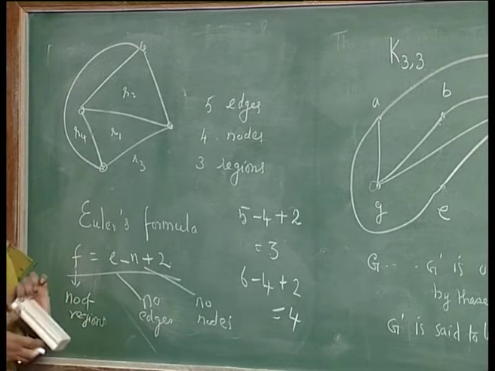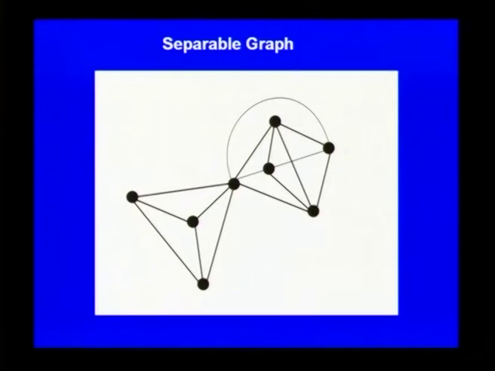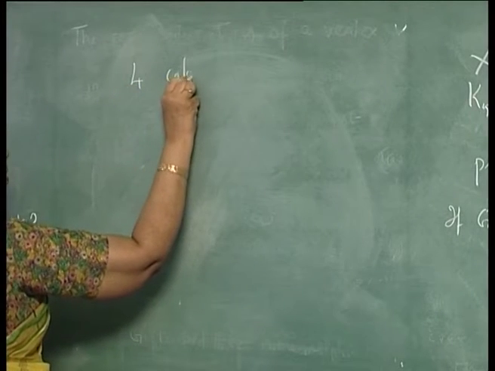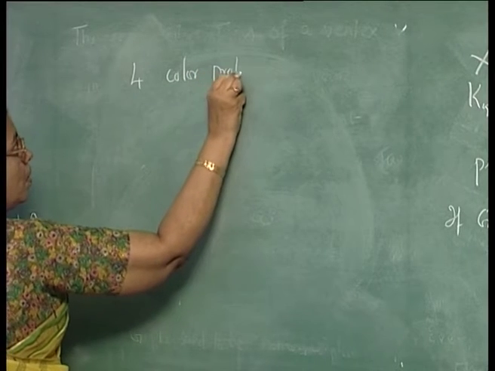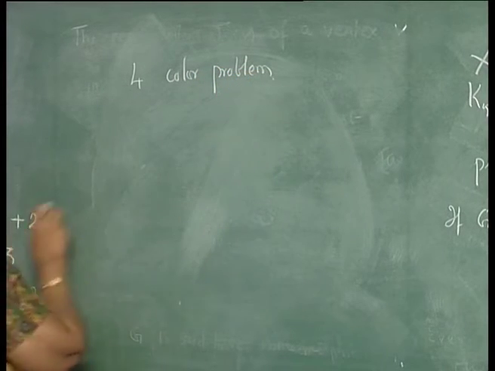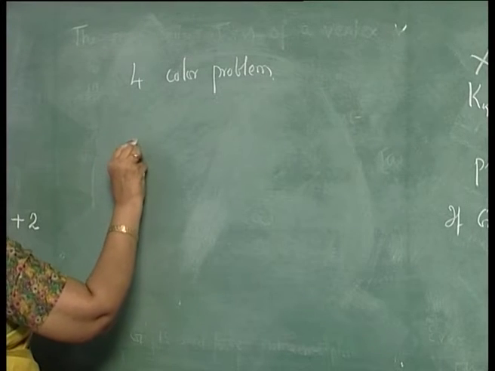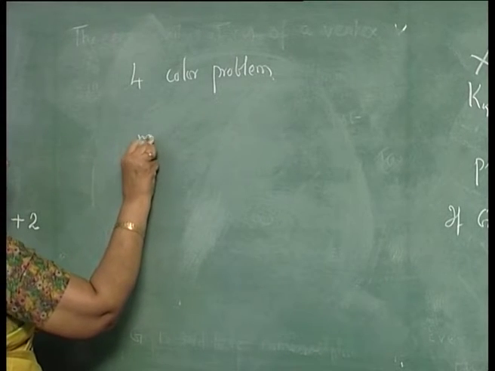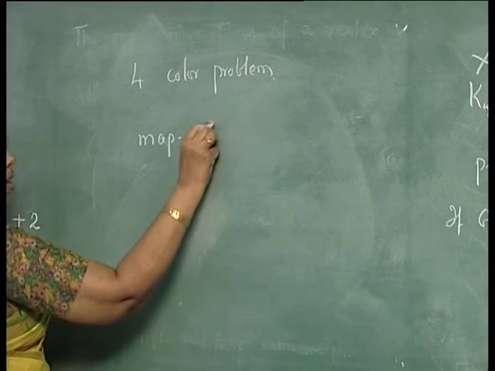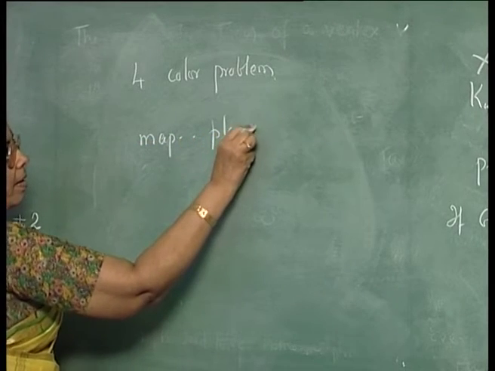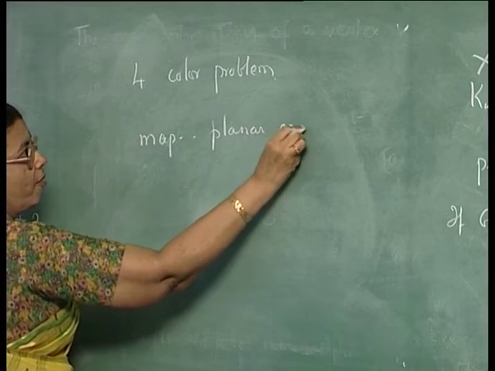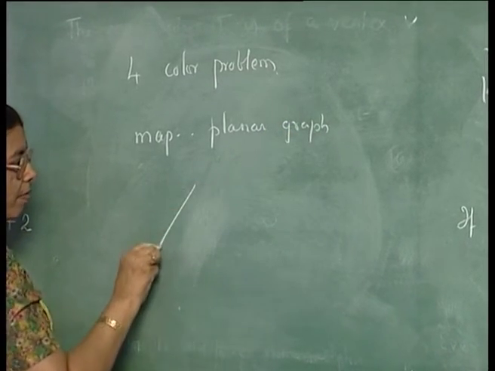And you might have heard about the famous 4-color problem. What is that 4-color problem? A planar graph is sometimes also called a map. Look at this.